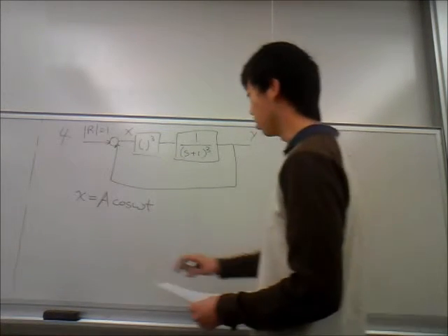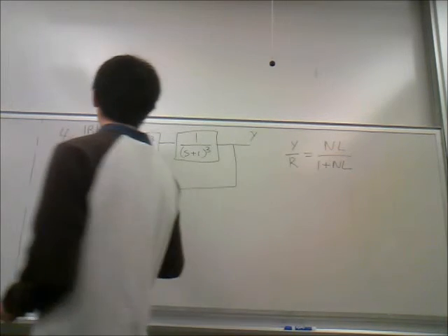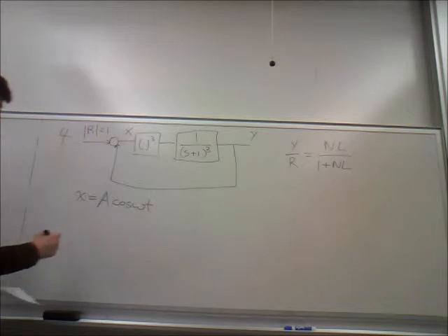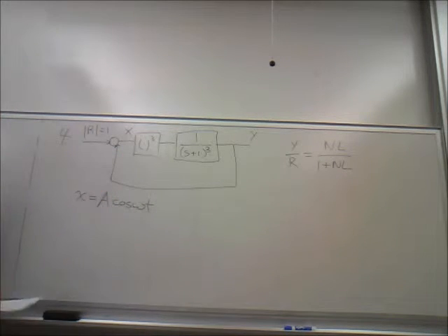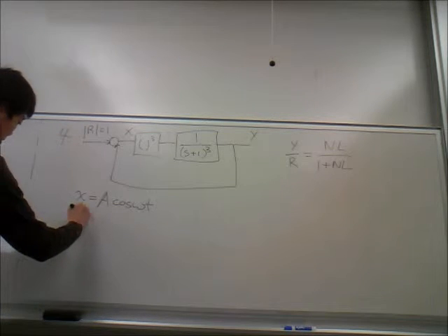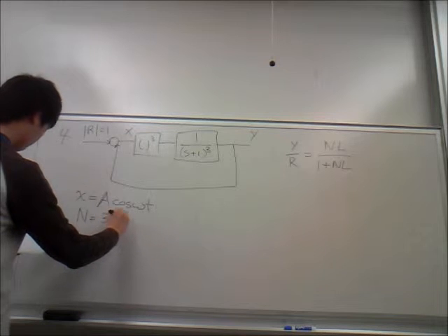So using this, we could find the describing function. When we do this, we can use the describing function to represent this nonlinearity, which is what it comes down to. And earlier we showed that it equals 3a squared over 4.